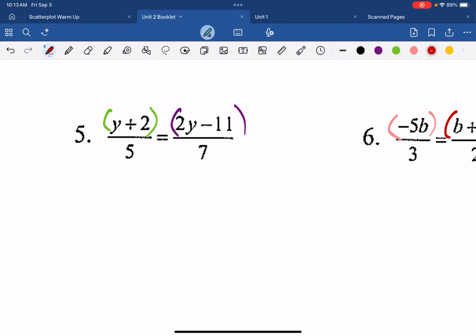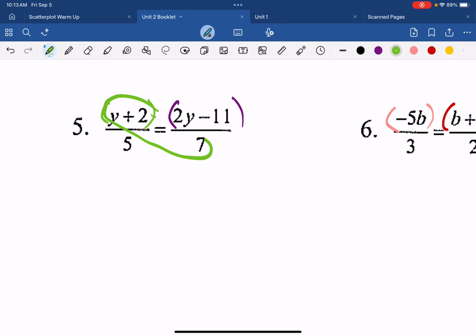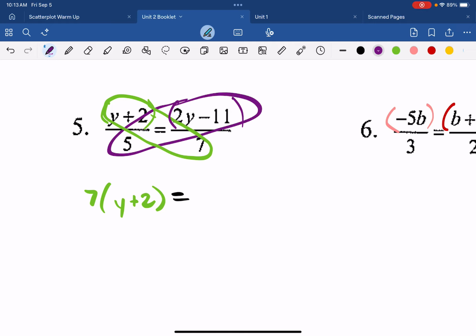All right, so for my first one, I'm going to do my cross multiplication. So I have 7 times y plus 2 equals, my other side, I have 5 times 2y minus 11. Keeping both sides in parentheses.